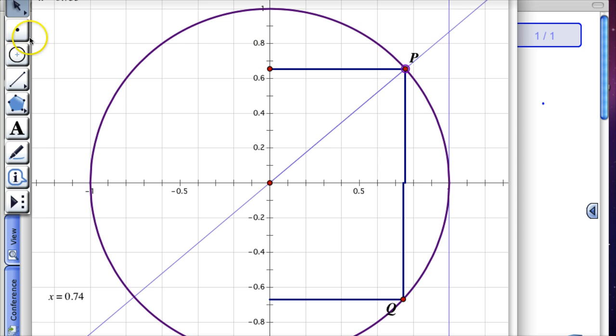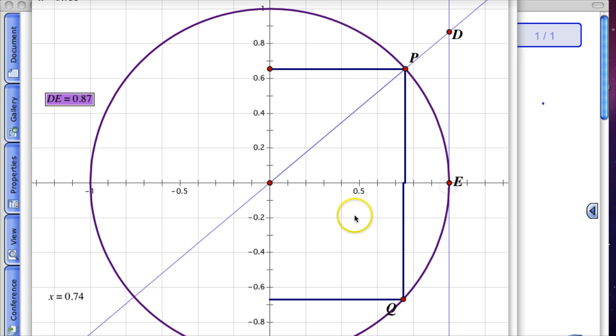So the length from here to here, we could measure that. This value I get over here of 0.87, that will be the tangent of the angle that this line is at from 0 up to here.